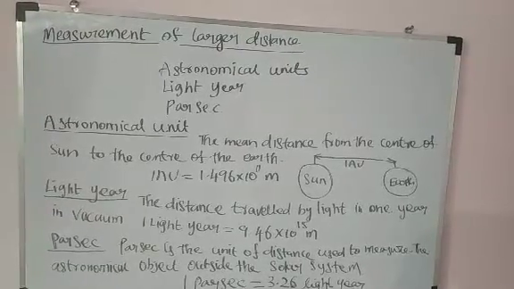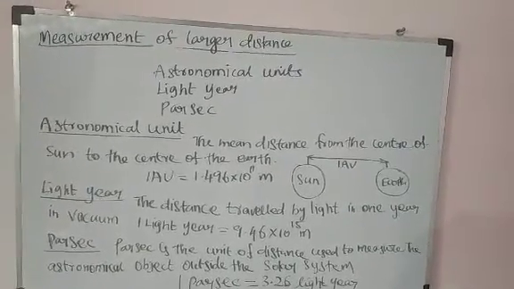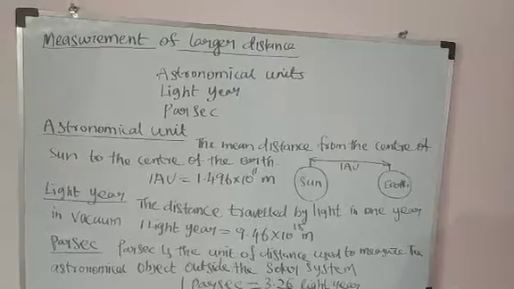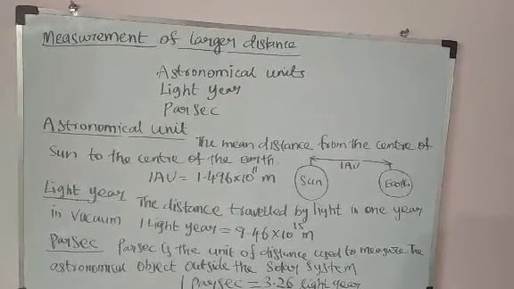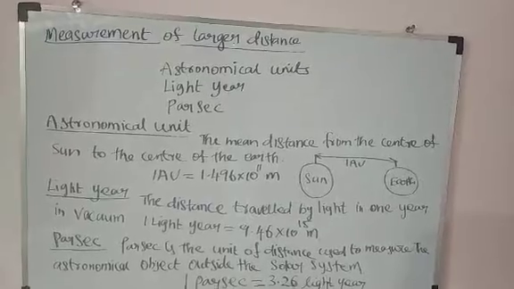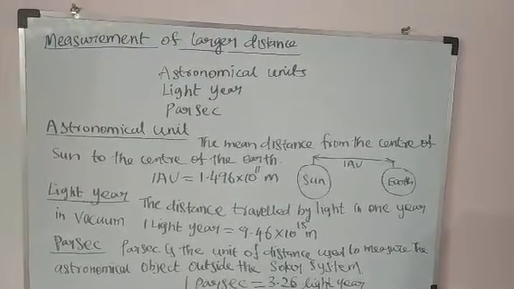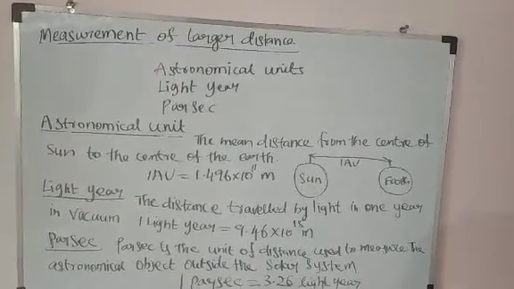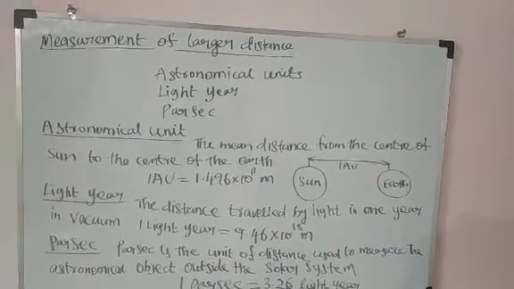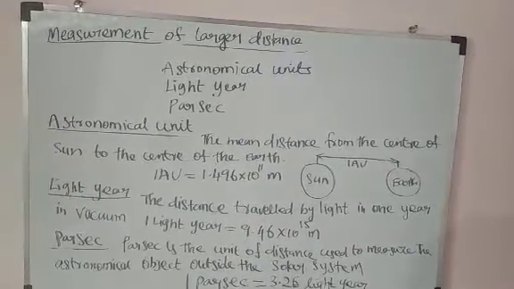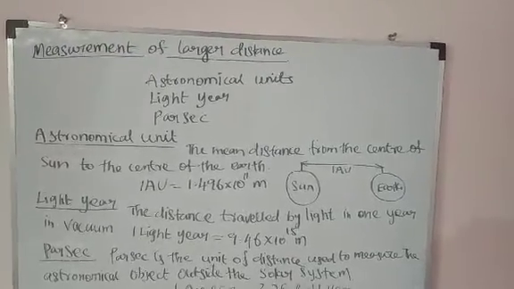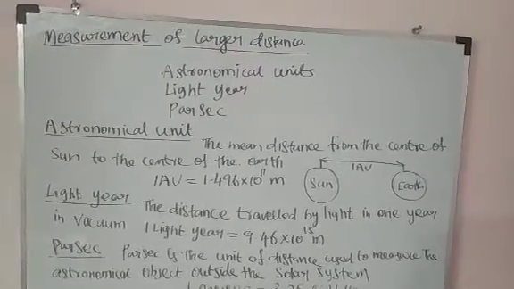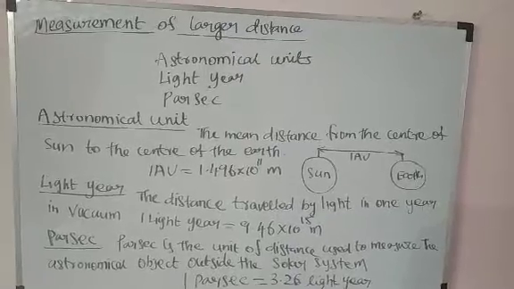So what is astronomical unit? The distance between the two planets is measured by astronomical unit with the help of radar pulse method. Different types of methods are there: triangulation method, radar method, laser pulse method.